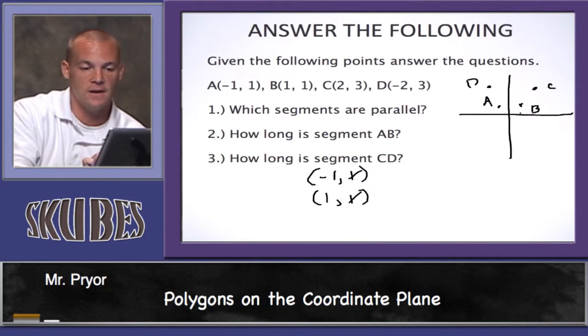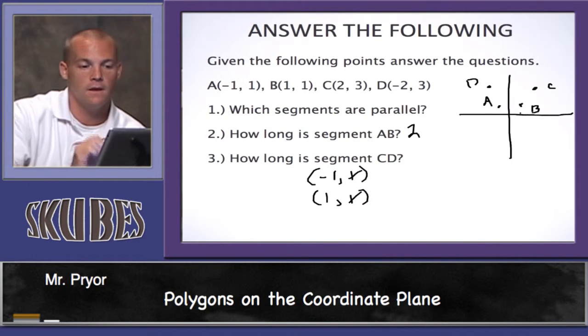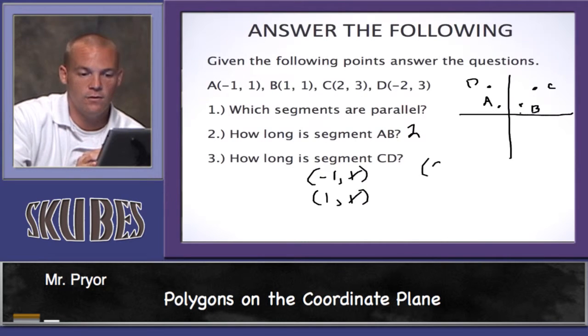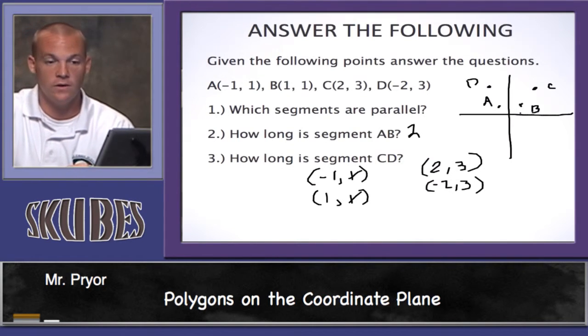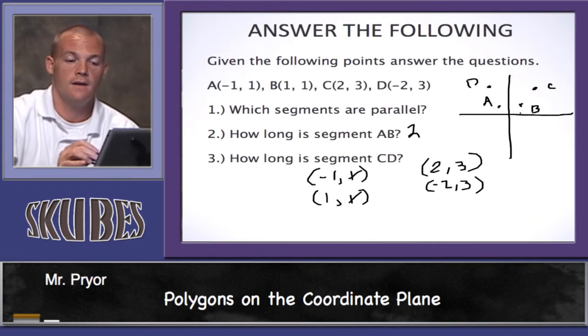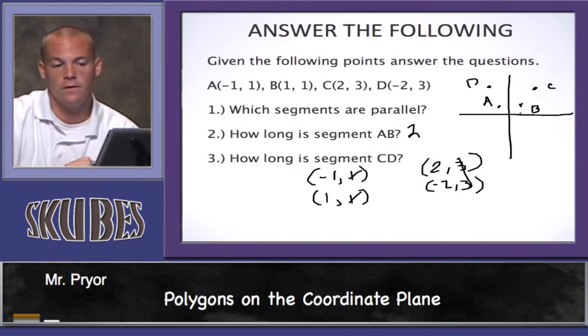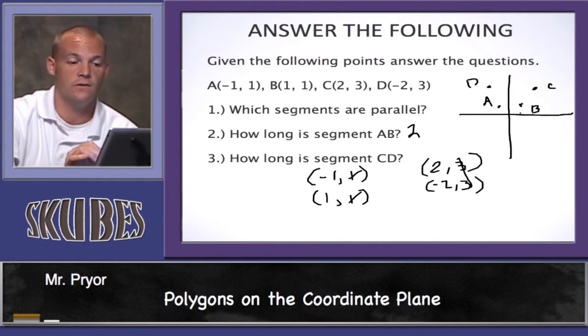So 1 plus 1 is going to make our answer 2. And then how long is segment C to D? So again, you have 2, 3 and negative 2, 3. They're in different quadrants, so we're going to do the same thing. The like coordinates here are the 3's, ignore those, and add your 2's. So 2 plus 2 is going to give you 4.